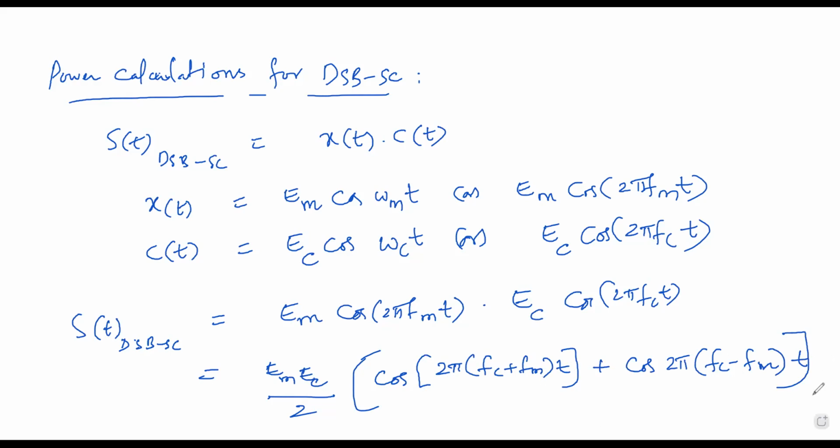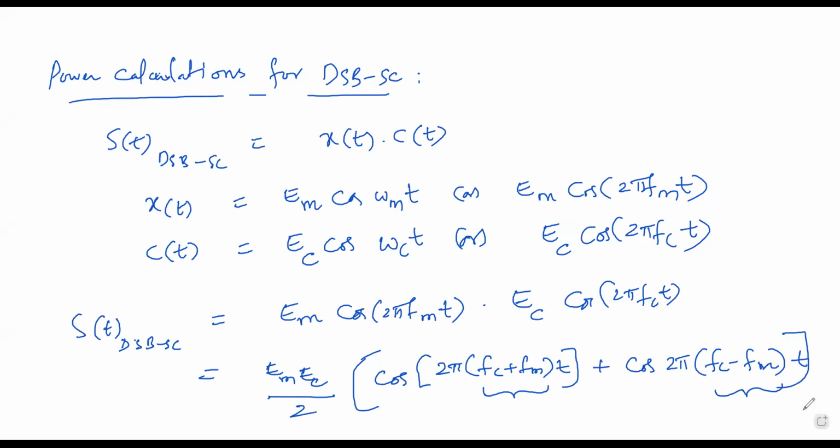So expanding those braces, this Fc plus Fm is related to the upper sideband frequency, and Fc minus Fm is related to the lower sideband. And we know that in double sideband suppressed carrier, we have only the two sidebands. The carrier is suppressed.